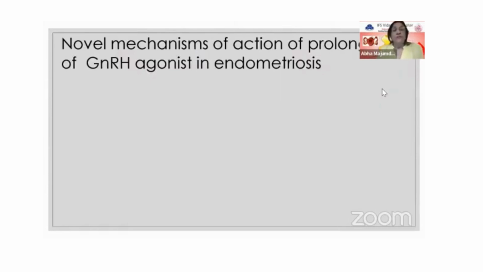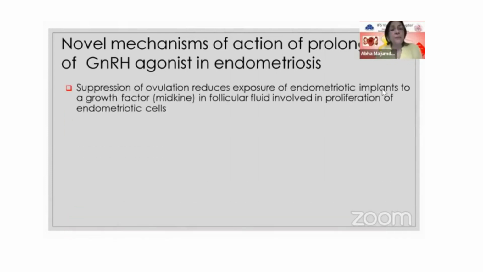So first thing came in the novel mechanism of action of prolonged use of GnRH agonist in endometriosis. We all understand you give prolonged GnRH agonist, a depot preparation for 3 months, 6 months. What does it do? It will suppress ovulation. It will reduce exposure of endometriotic implants to a growth factor, which is known as midkine in follicular fluid involved in proliferation of endometriotic cells.